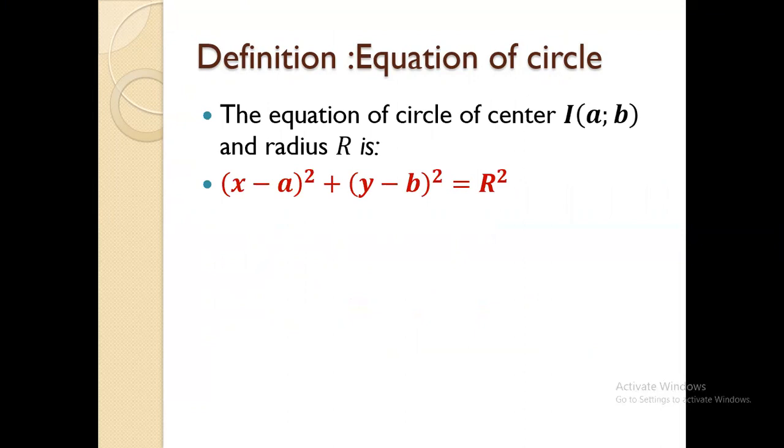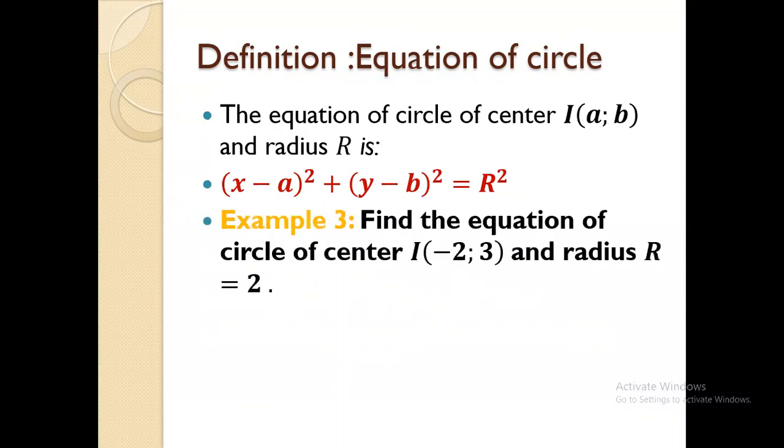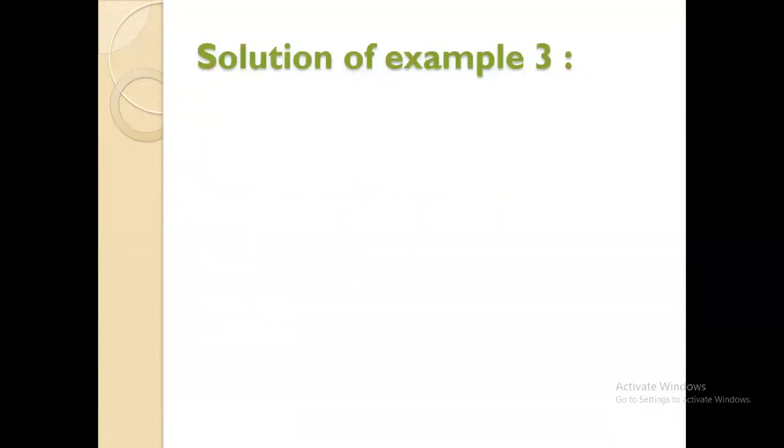So in general, the equation of a non-vertical line, as we said, is y equals ax plus b. So what is the equation of the circle in general? If you have its center I (a, b) and radius R, it's (x minus a) squared plus (y minus b) squared equals R squared. Example: find the equation of the circle of center I (-2, 3) and radius 2.